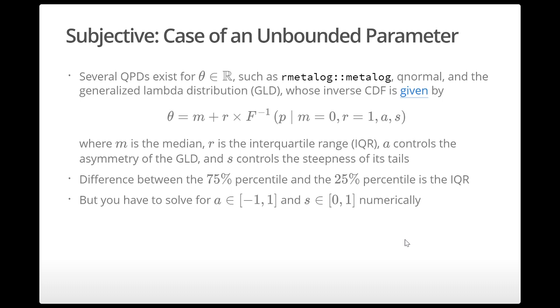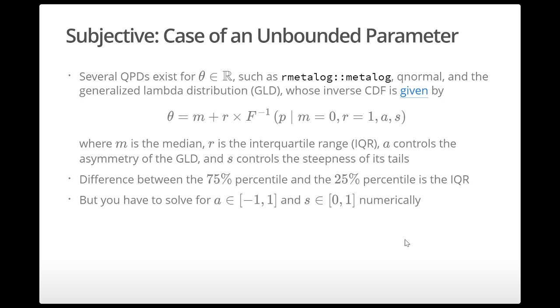It is characterized by this inverse CDF that depends on M, R, A, and S. M is the median, R is the interquartile range, the difference between the 75th percentile quantile and the 25th percentile quantile. So the interquartile range scales up the standard generalized lambda distribution, and then you shift it over by the median. Then we have 2 others: A, which controls the asymmetry of the generalized lambda distribution, and S controls the steepness or the heaviness of the tails.